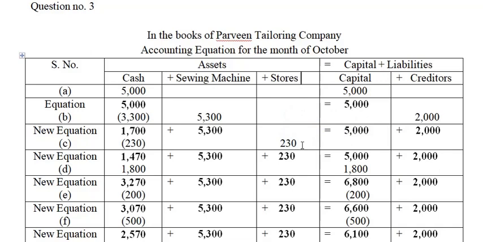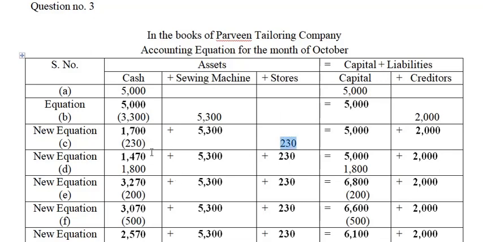So you can see this adjustment out here, that it is functioning within the periphery of assets. So here cash will decrease and stores will increase. Point number C, purchased stores for cash.